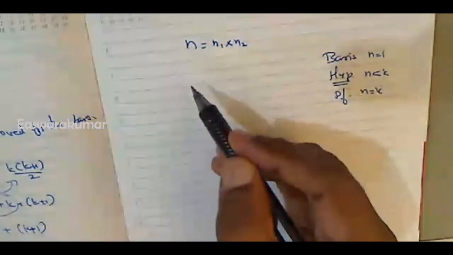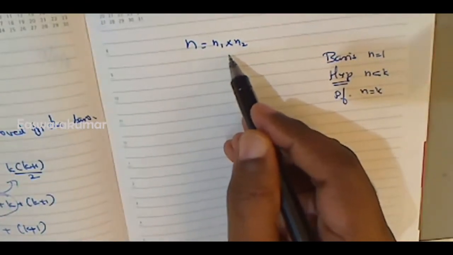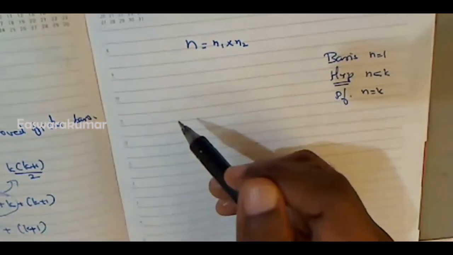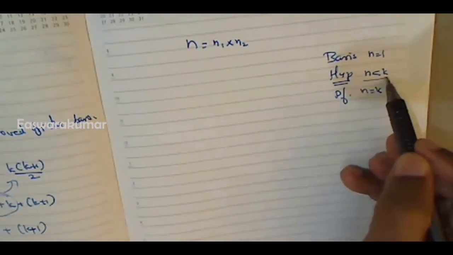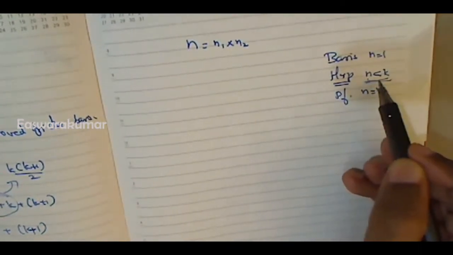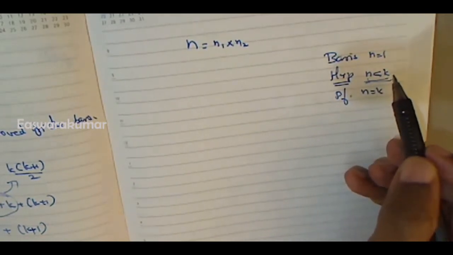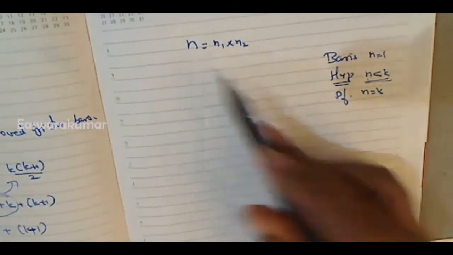So if n is not a prime number, n can be written as a product of two smaller integers, n1 and n2. Now, as per the strong principle hypothesis we stated, for all values strictly less than n, it holds good. So n1 is less than n and n2 is less than n.